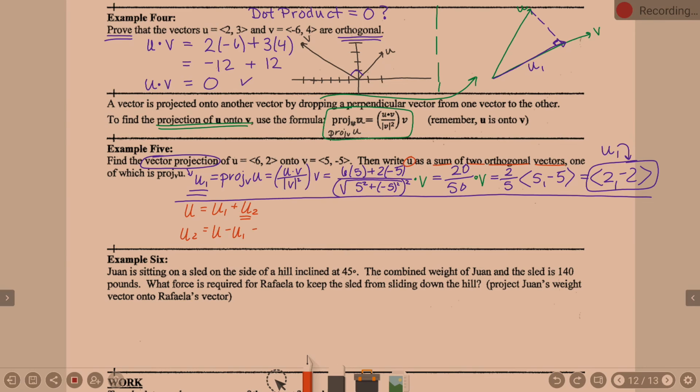Well, most certainly. u, which is 6, 2, minus u1, which is 2, negative 2. 6, comma 2 minus 2, comma negative 2. 6 minus 2, and then 2 plus 2.